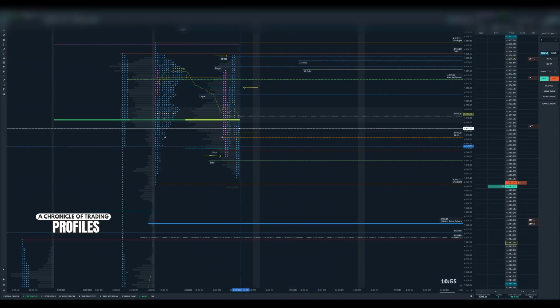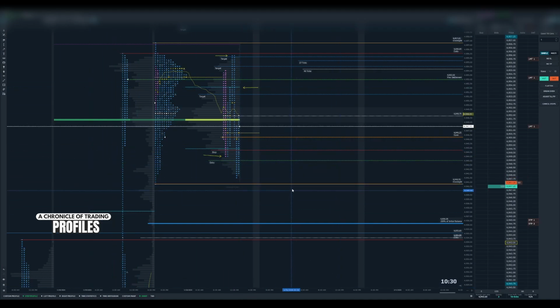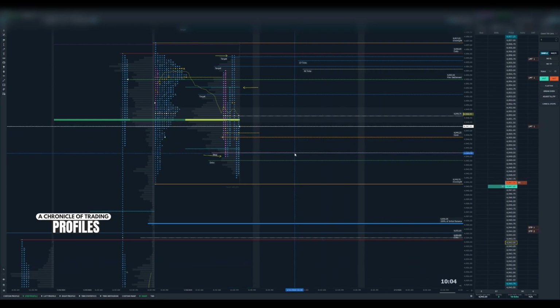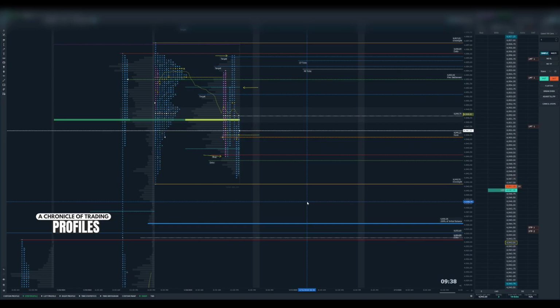So I did take one of the contracts there at the poor high there. I'm sorry, at the halfback area. So now I only have 3 left. You can see my target for the second one just short of that value area high.